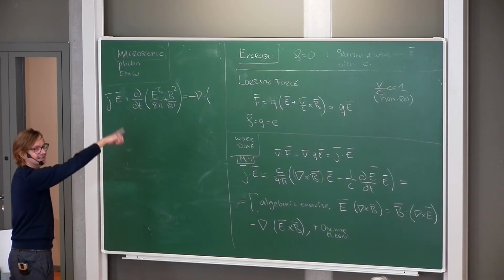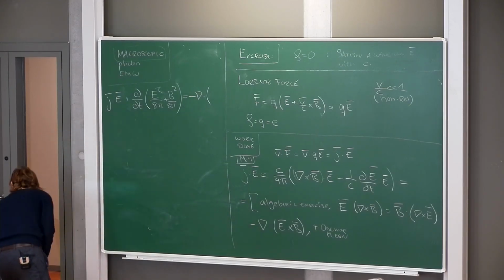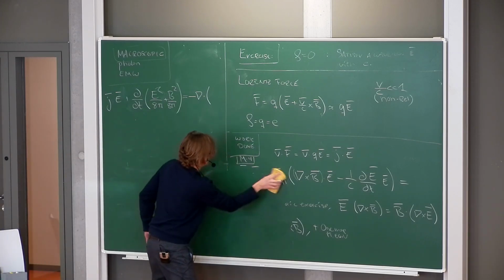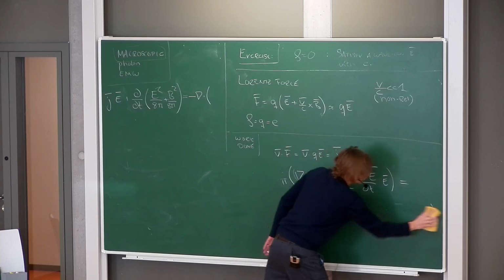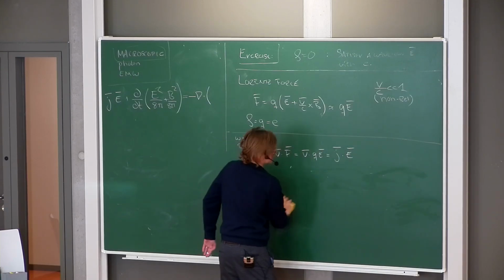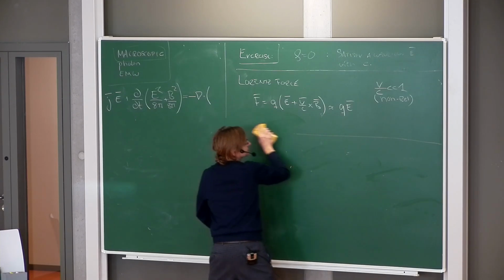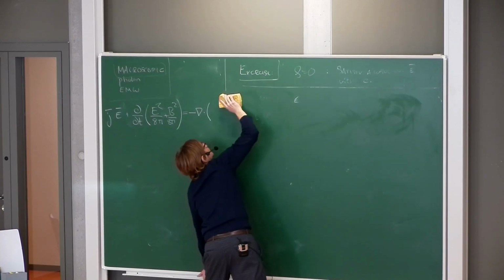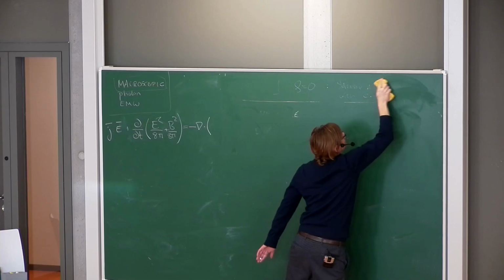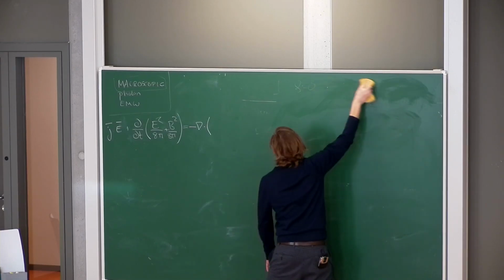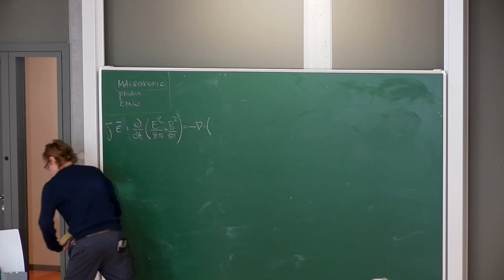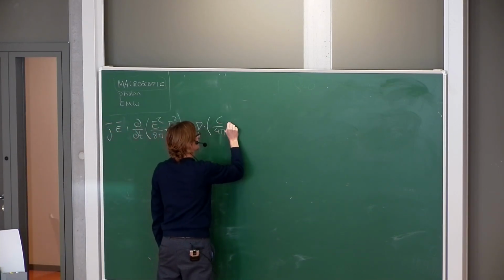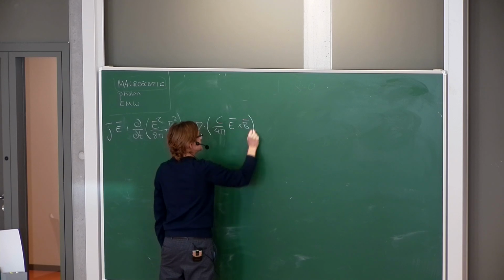Okay, we're going to take off the right hand side of the board already now. E cross B. All right.